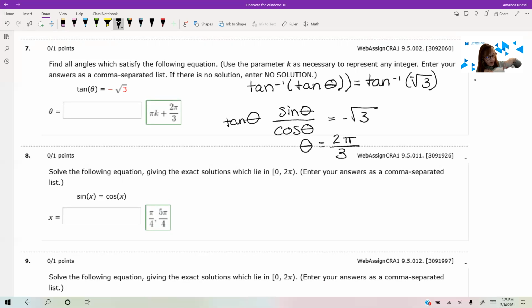But at the same time, if I add pi to it, I get to the other side of the circle, 11 pi over 6. If I take tangent of 11 pi over 6, I'm still going to get that output of negative square root 3. And then if I go 2 pi rotations, I'm back to this point.